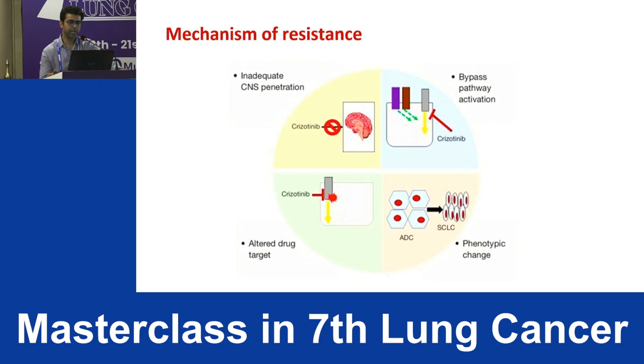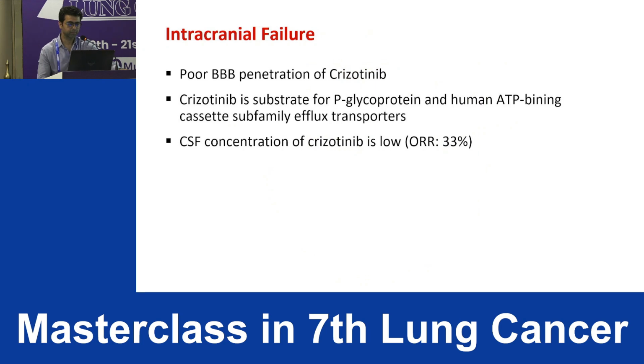Other mechanisms include an altered drug target, which can be any kind of mutation; bypass pathway activation, which can be either a parallel pathway or another downstream pathway upregulation; and phenotypic change, which can be in the form of EMT or a change in histology.